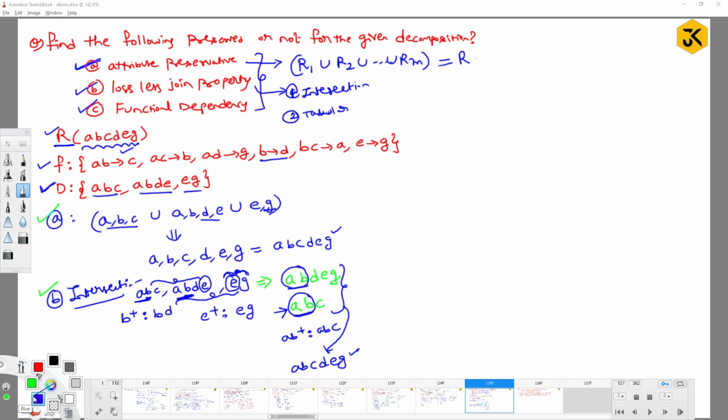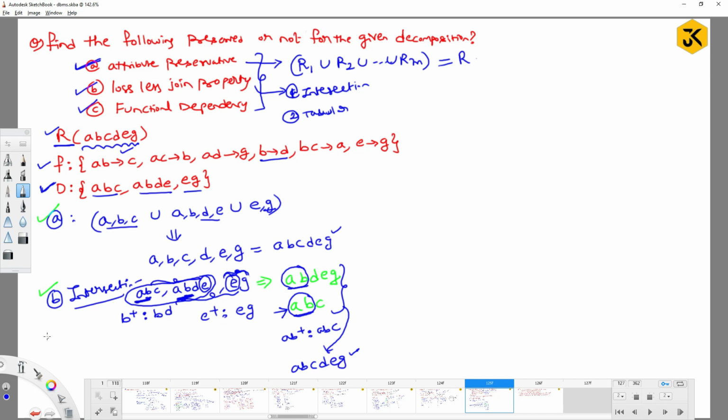Lossless decomposition, guys. Here also you could combine actually, but at that time I had taken only B as the common attribute, but actually it is AB. You can do it in many ways.